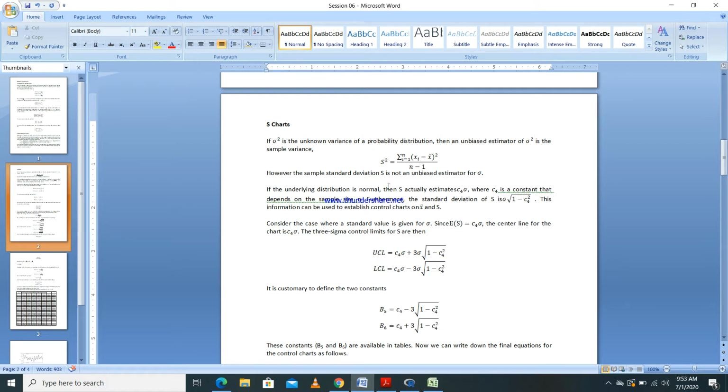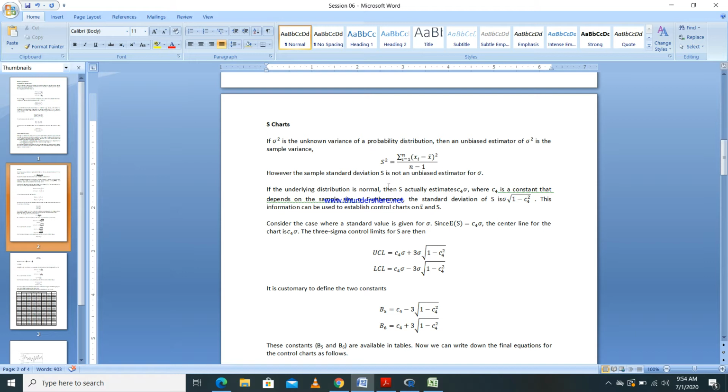So let's say if you have a normal distribution, then if you take the sample standard deviation, what we actually estimate is C4 times sigma, where C4 is a constant depending on the sample size n, because it's not an unbiased estimator for the population standard deviation.